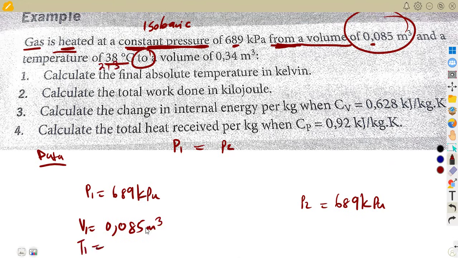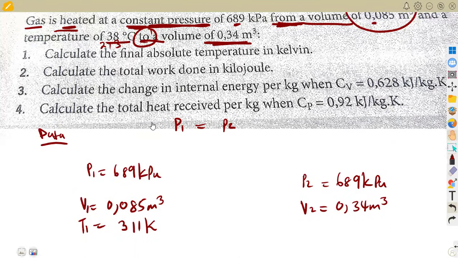So that's T1. If we add 38 plus 273, that is going to be 311 Kelvin. To a volume V2 of 0.34 cubic meters. So this is what we have.